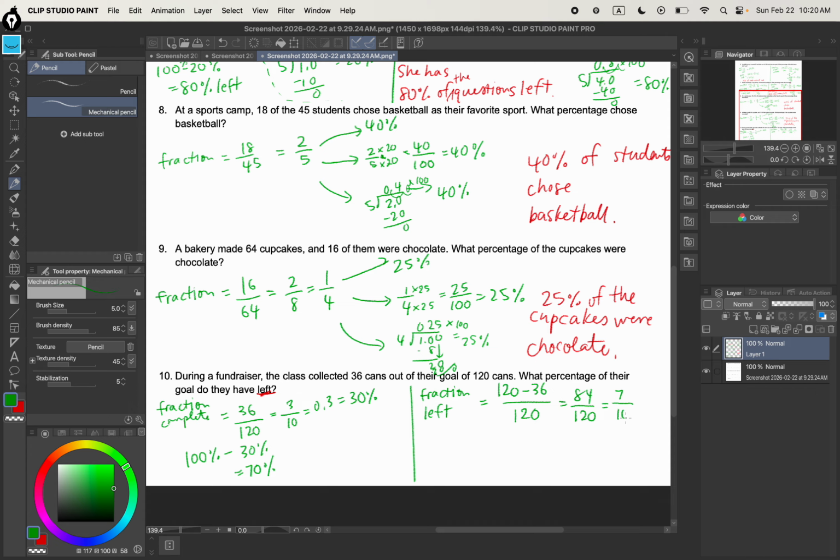That's 7/10, which is 0.7 or 70%. Okay, so therefore the class has 70% of their goal remaining. Okay. Ta-da!